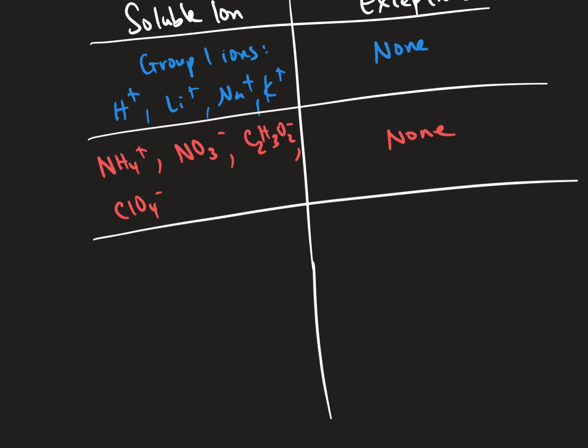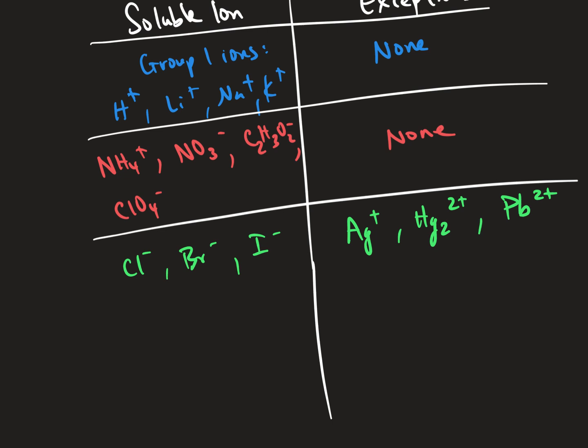Okay, halogens or halides. So we have Cl-, Br-, and I-. Notice F- is not on there because fluorine is just partially soluble. So compounds with these in it are soluble except when bonded to the following: silver +, Hg2 2+, and lead 2+.